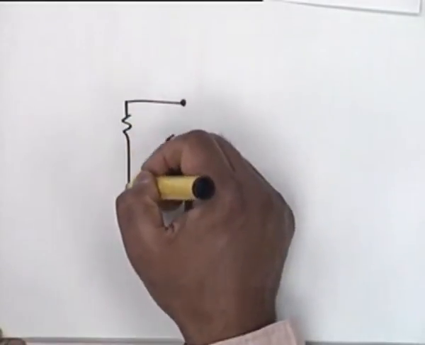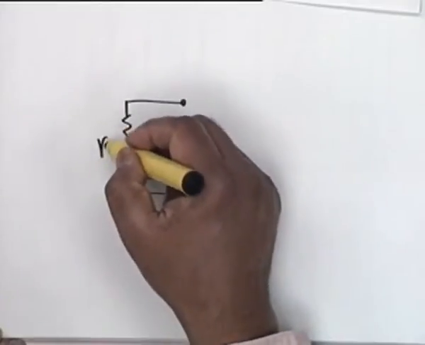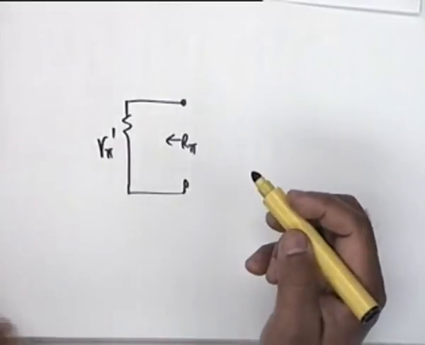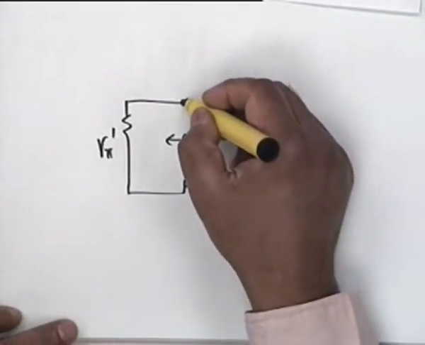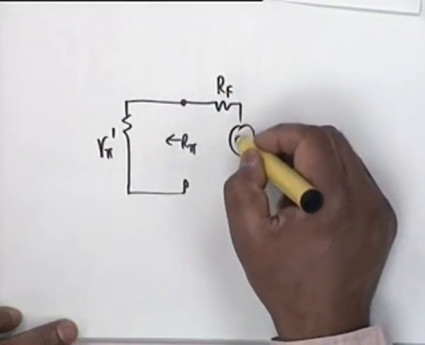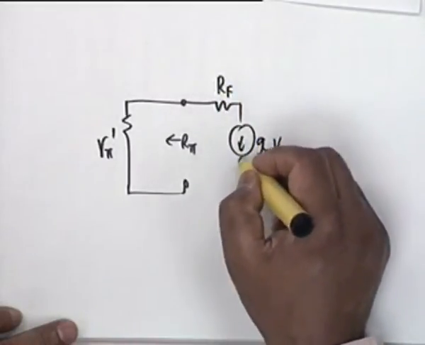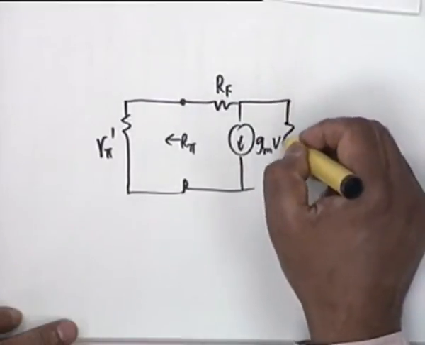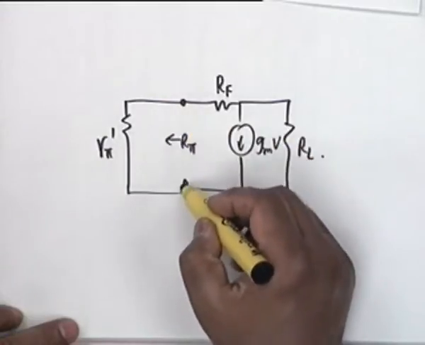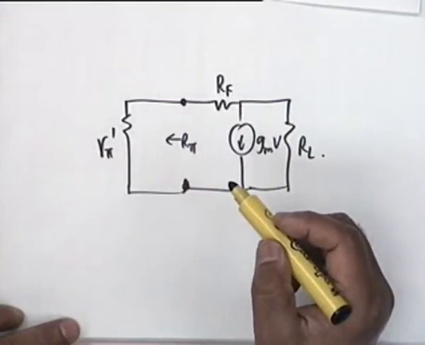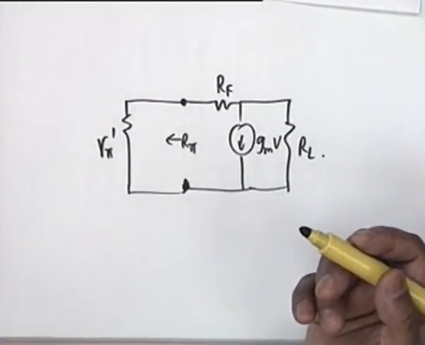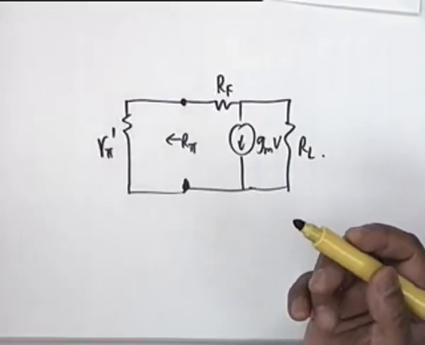We shall have R pi prime here, then an RF, GMV and RL. It is the resistance seen between these 2 points. One of the tricks is that if you can identify a series resistance or a parallel resistance, isolate that.